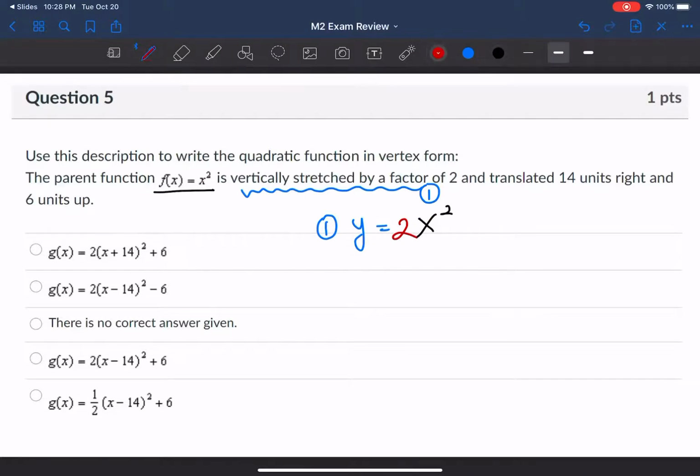Okay, next one. Then translate 14 units to the right. Then I have y equals 2, and do you remember when you have a right or left transformation, you have to put parentheses. And since it's right, you are going to subtract your number. Oh, sorry, add your number.